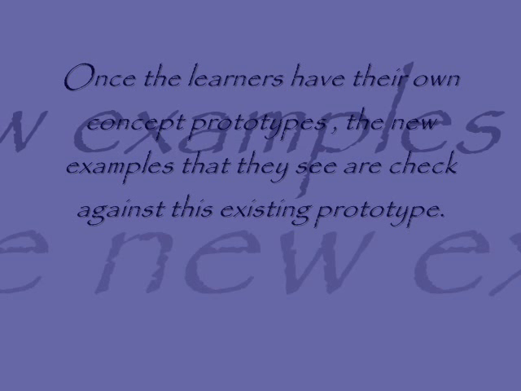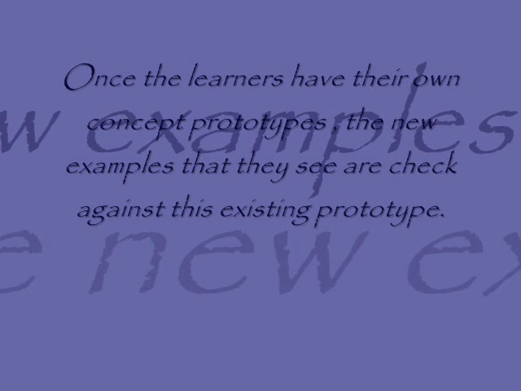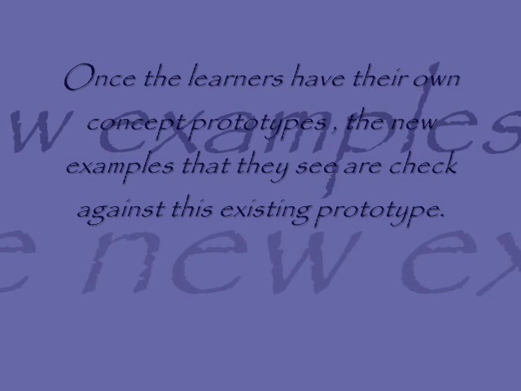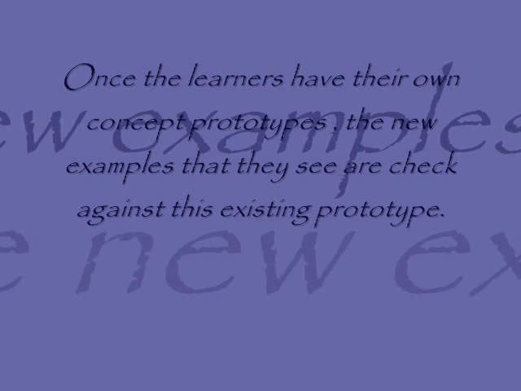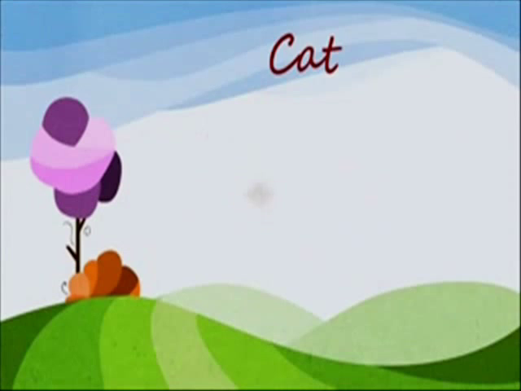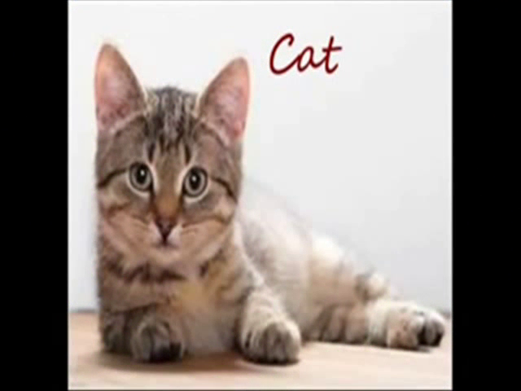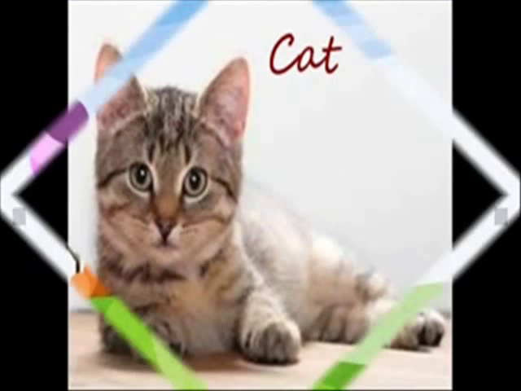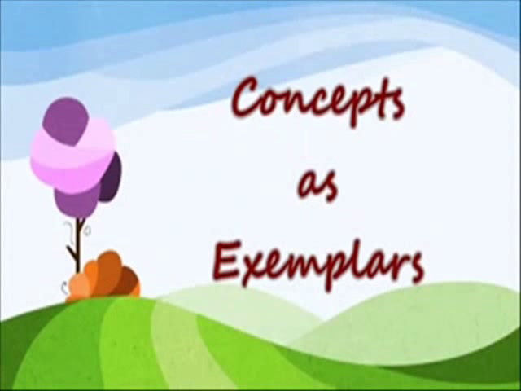Picture in mind what it looks like. You probably thought of an image of the common cat we see, rather than some rare breed or species. Once learners have their own concept prototypes, the new examples that they see are checked against this existing prototype.